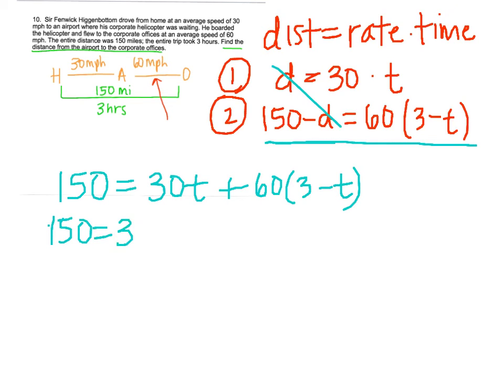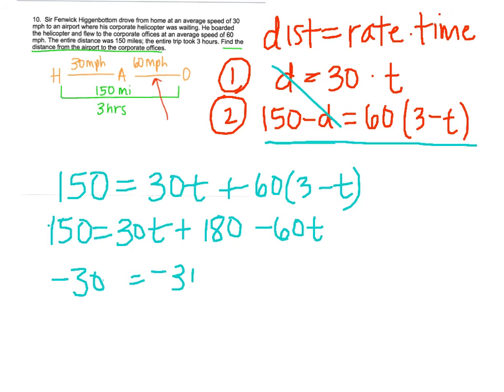So 150 equals 30t plus 180 minus 60t. Combine like terms, we get negative 30 equals negative 30t. So t equals 1. That t equals 1 is up here from part 1.